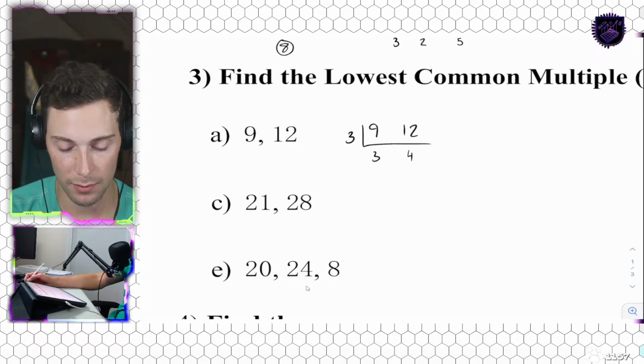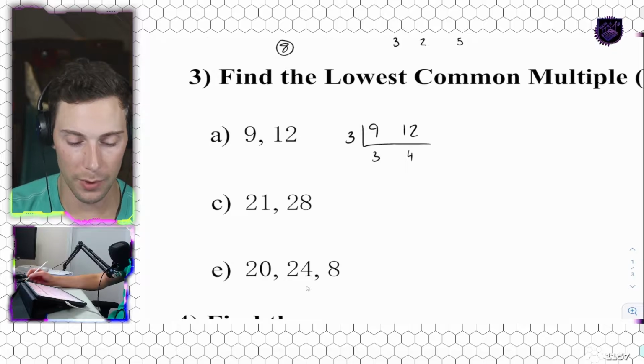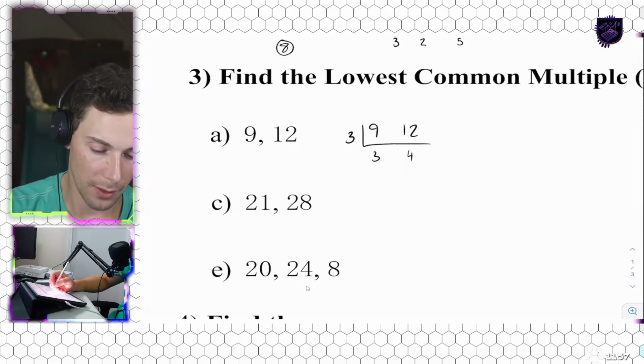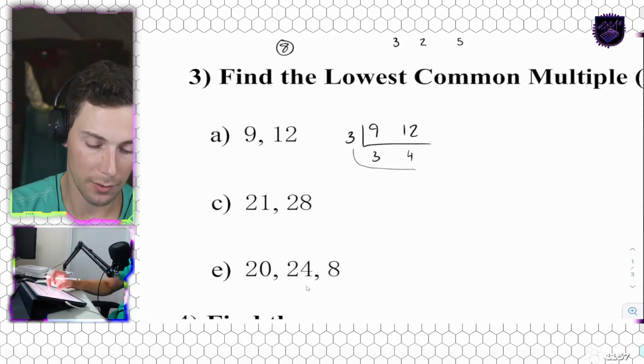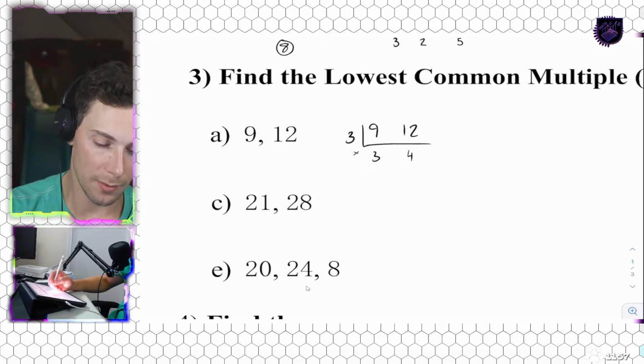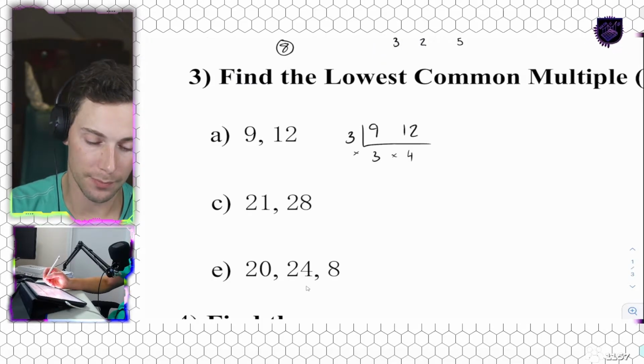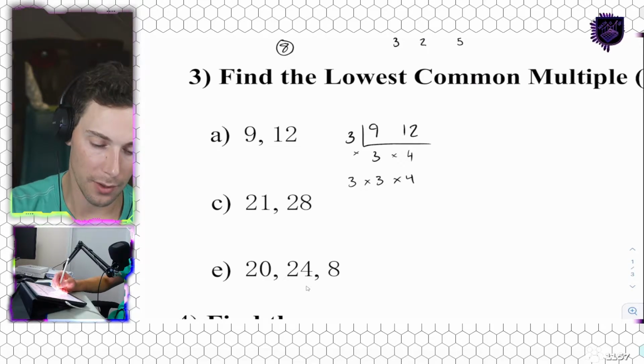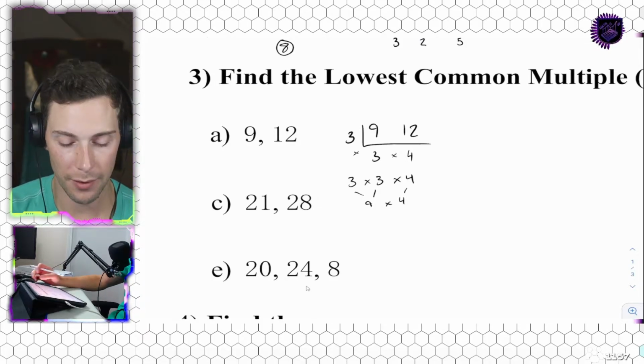They do not. So what we're going to do is we're going to go around the corner multiplying 3 times 3 times 4. 3 times 3 is 9, times 4. 9 times 4 is going to be 36.